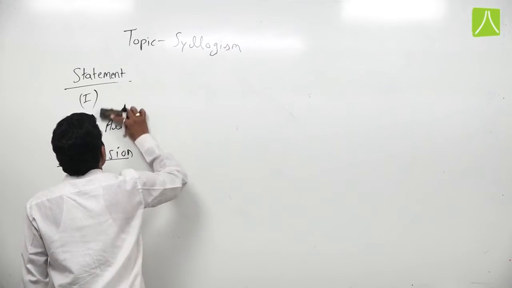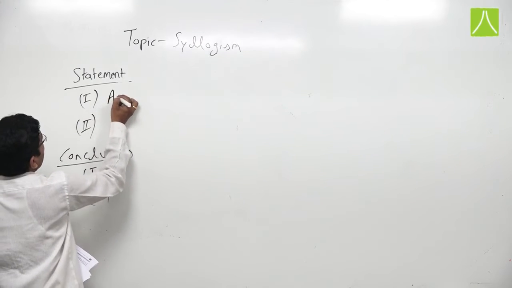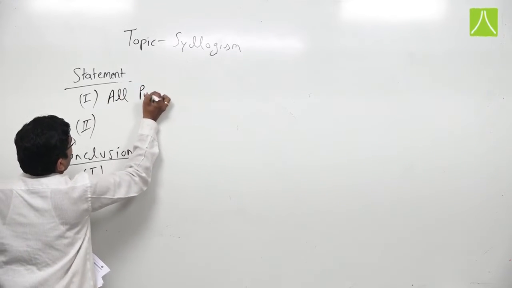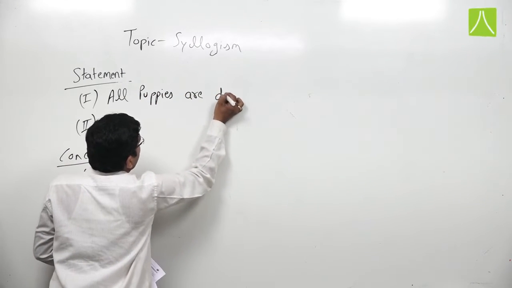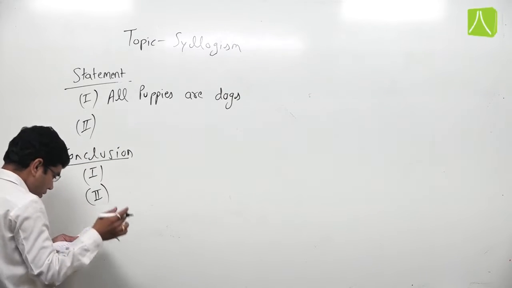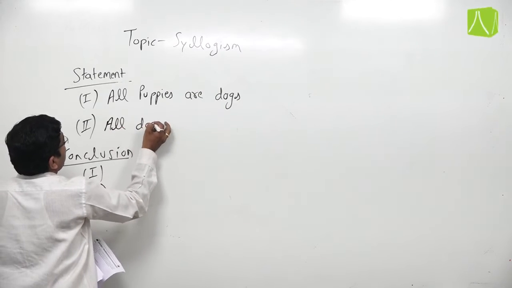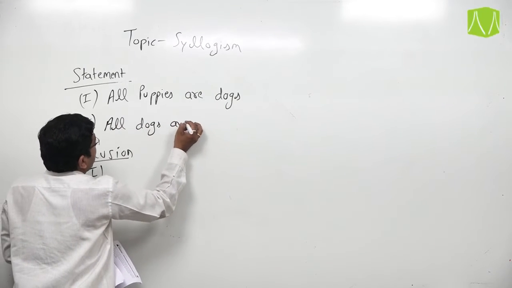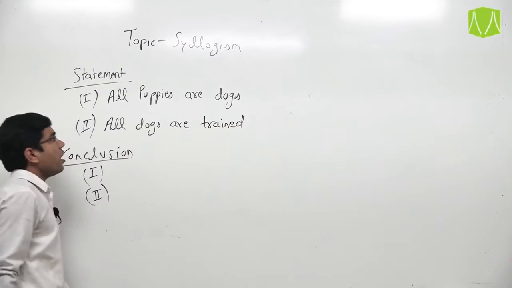Now take next example. All puppies are dogs. All dogs are trained.